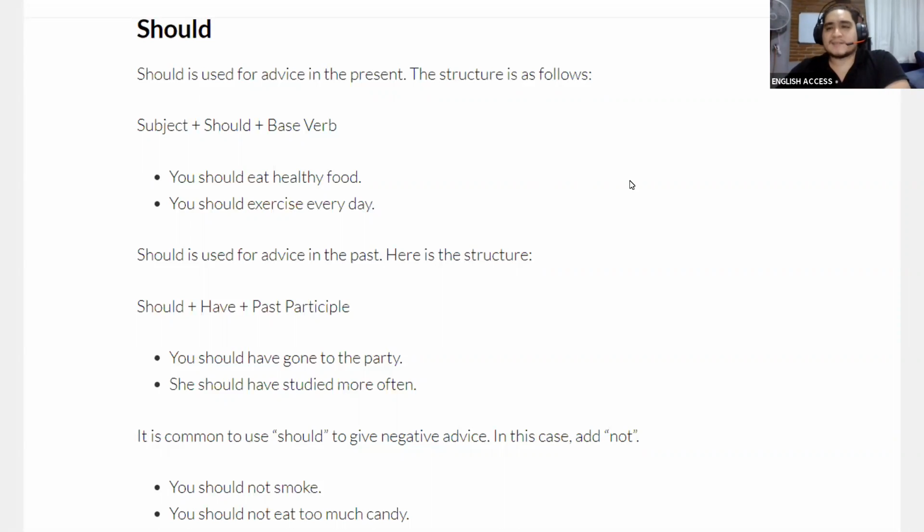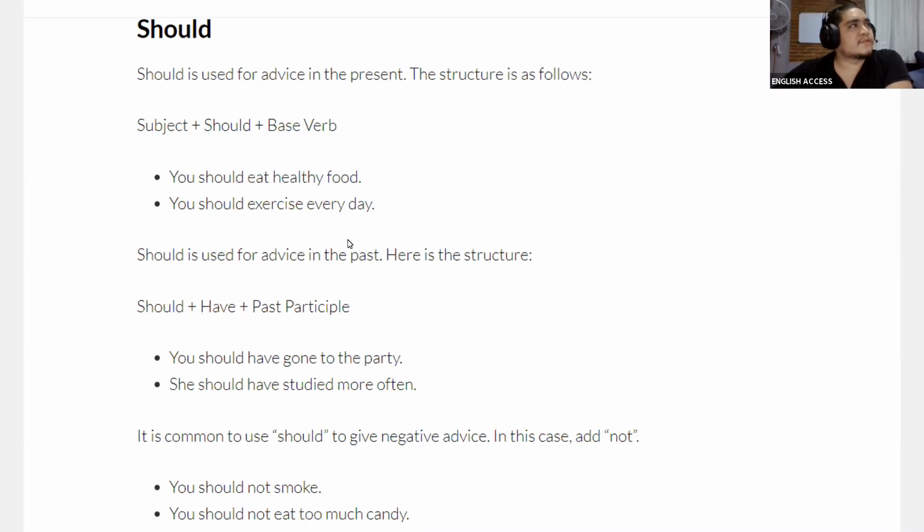Should is kind of like the most common one of the modals for suggestions or advice, right? Now, we can use it for every tense that we have. We can use it for the present, like this one. We can use it for the past.